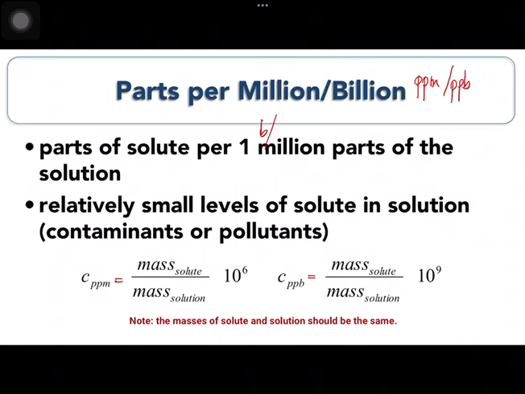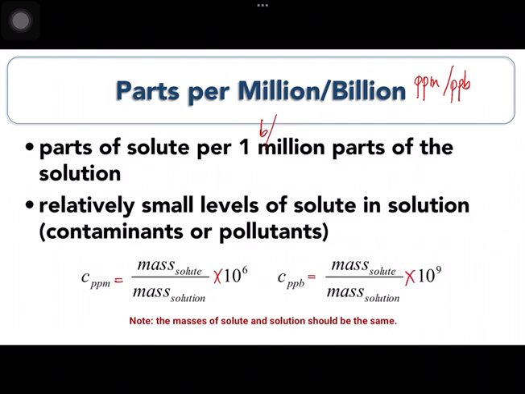Parts per million and parts per billion are used for relatively small levels of solute in a solution, and usually for contaminants or pollutants. For example, how polluted the air is right now, we say it's in a certain amount of ppm. Okay? So how do we get parts per million and parts per billion?